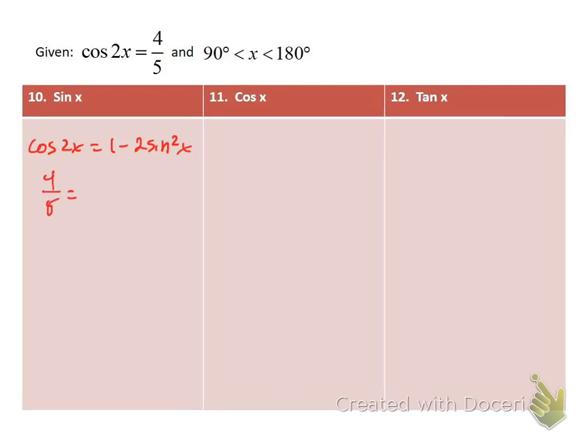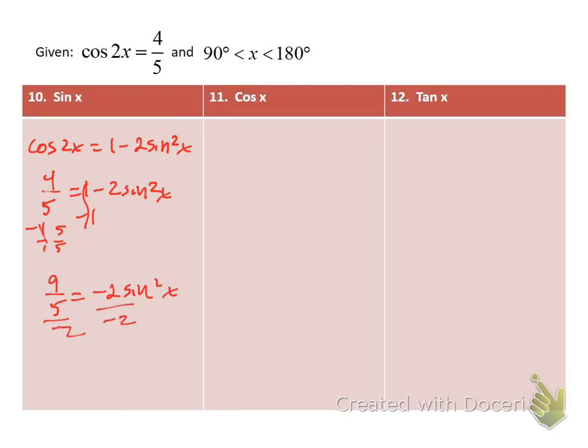Now I have an equation that I can just solve for sine squared x and then square root both sides. So to do that, I would subtract 1 here, which means getting a common denominator, so 5 over 5, right? So we get 9 over 5 equals negative 2 sine squared x. Now divide by negative 2, making that over 1, flip and multiply. So we get 9 over negative 10.